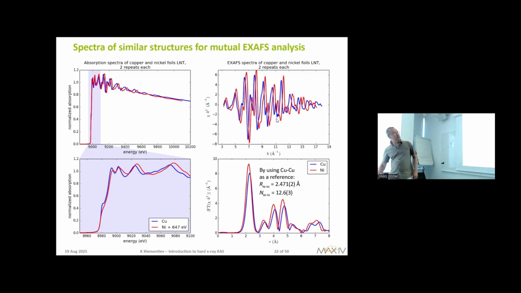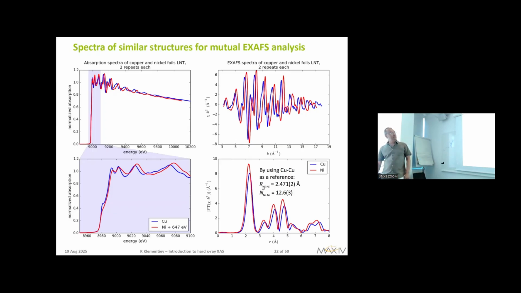And if I take the Fourier transform, I see that this is the same FCC structure, just shifted a bit. So I can extract amplitudes and phases from this Fourier analysis. This is very simple. Using it, I can analyze nickel from copper, or copper from nickel.